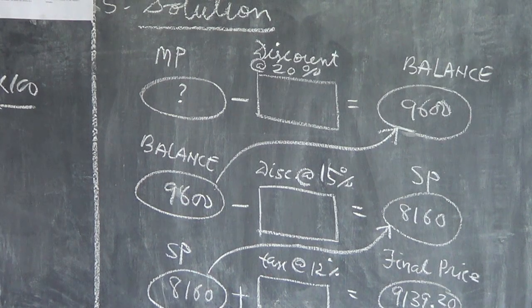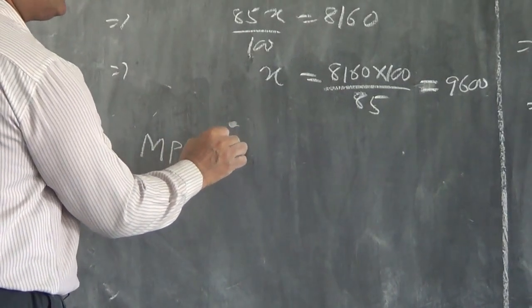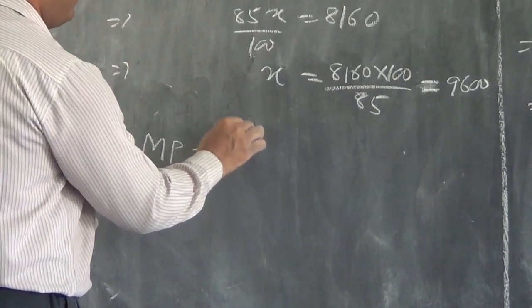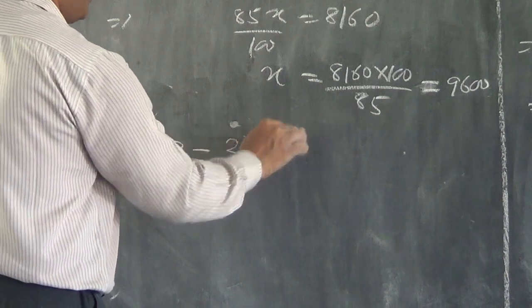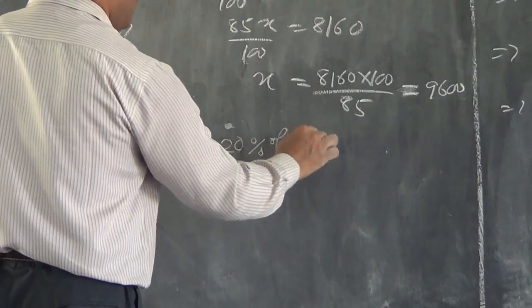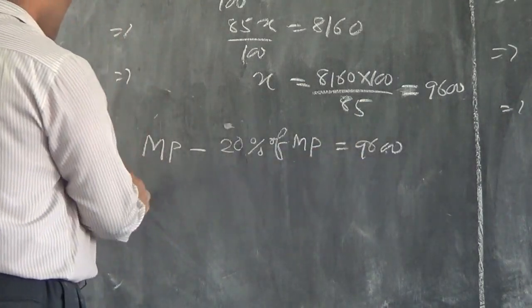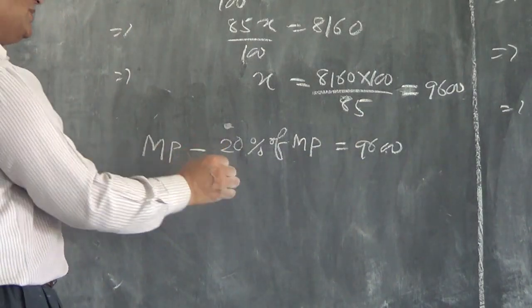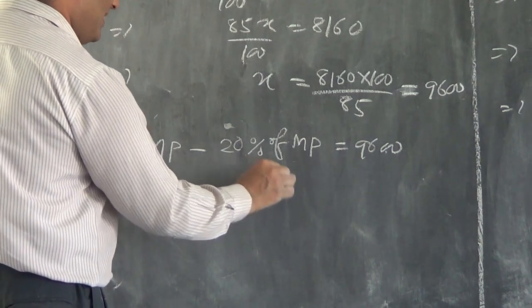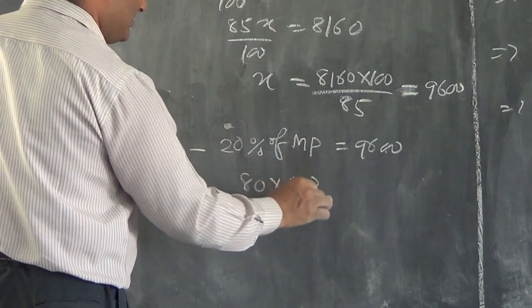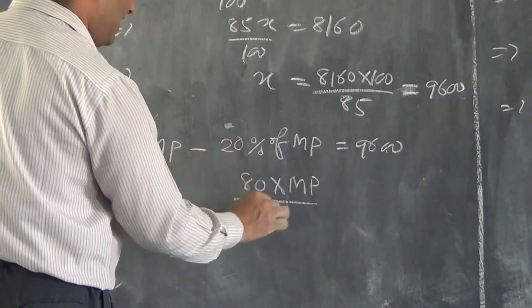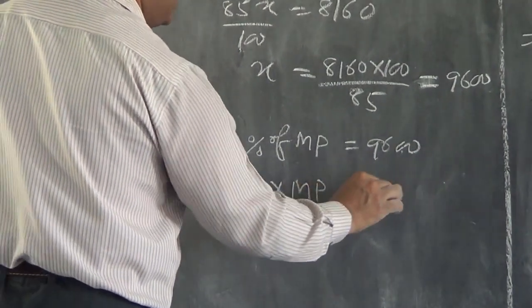We can write MP minus 20% of MP equals 9600. So here I can directly write it is going to be 80 into MP by 100, because 100 minus 20 is 80.